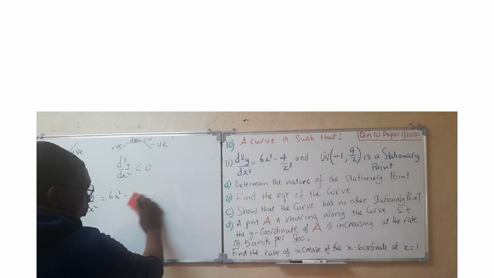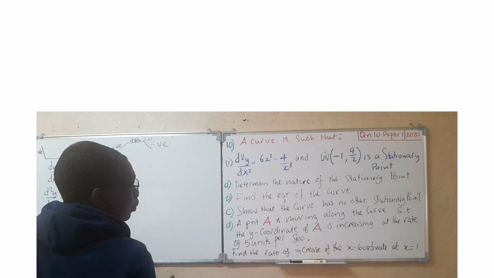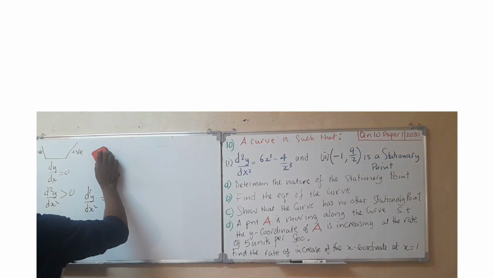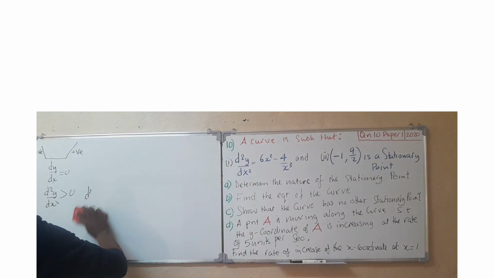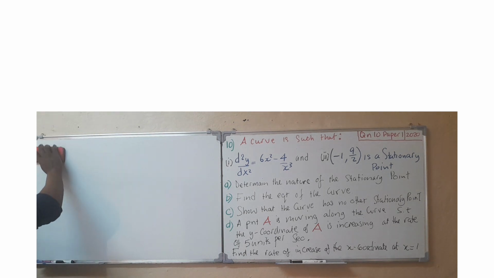It says here in part B, find the equation of the curve. We now want to find y because we are only given the second derivative. How do we go to y itself?